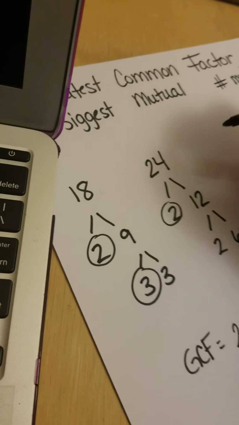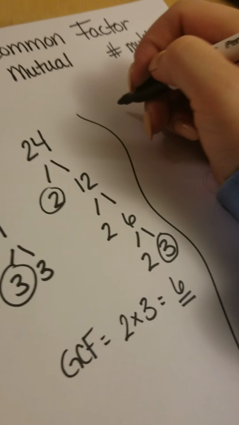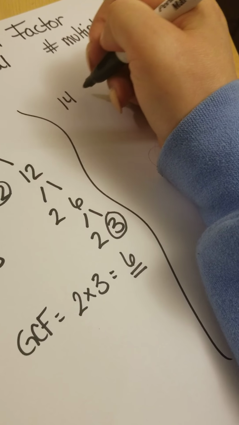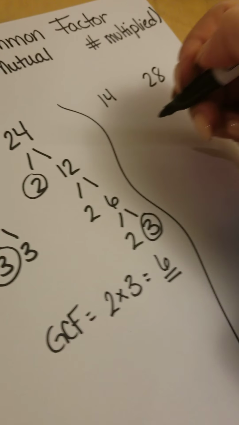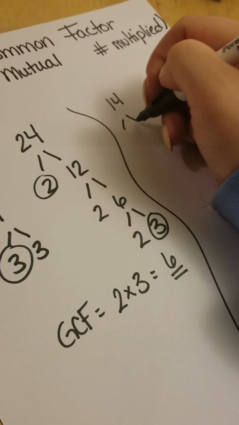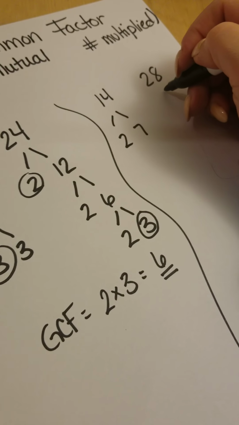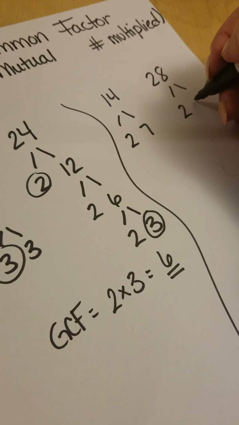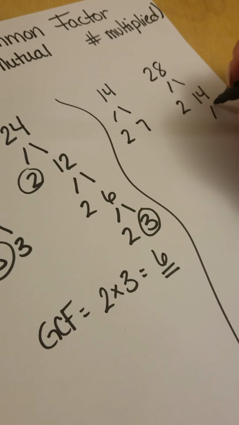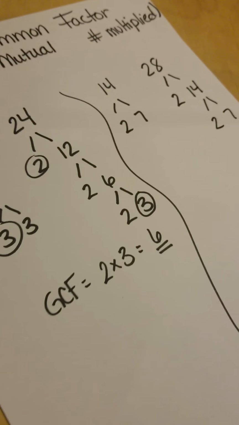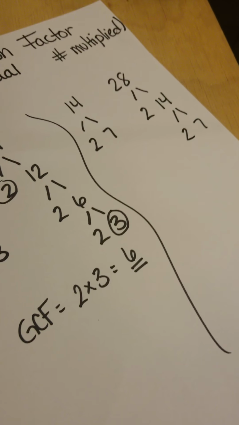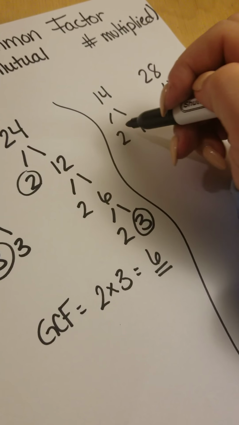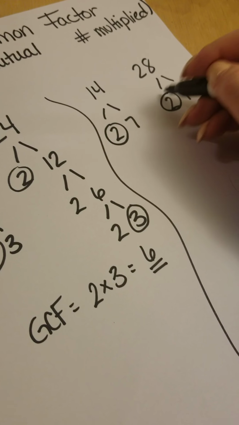Okay, then here's another example. If you have 14 and 28, 14 breaks down to 2 and 7. You are done because 2 and 7 are both prime. 28 breaks down to 2 and 14. Think of the word common. You have a 2 here, you have a 2 here.